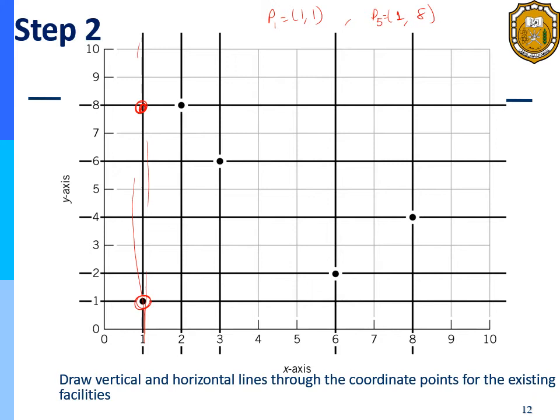But in the next step, we will be writing the weight corresponding to this coordinate. When we are writing the weight here, we will be adding the weight of this facility plus this facility and writing it here. Otherwise, you will follow exactly the same procedure. We will solve examples and it will be much clearer. Okay, this is step 2, drawing vertical and horizontal lines through the coordinate points of the existing facilities.